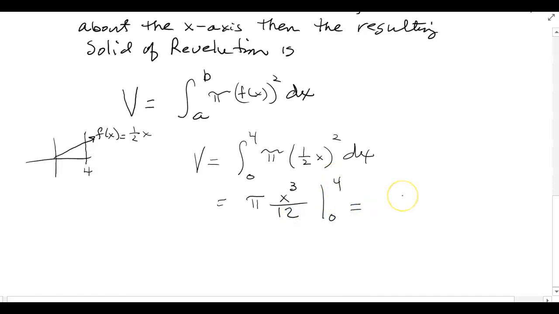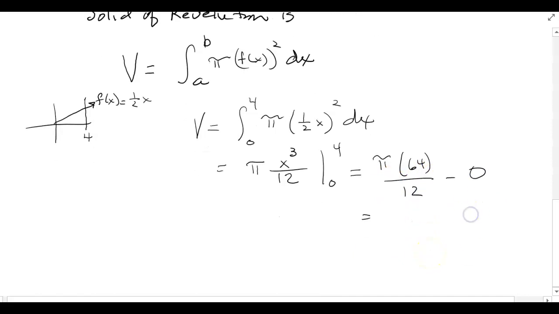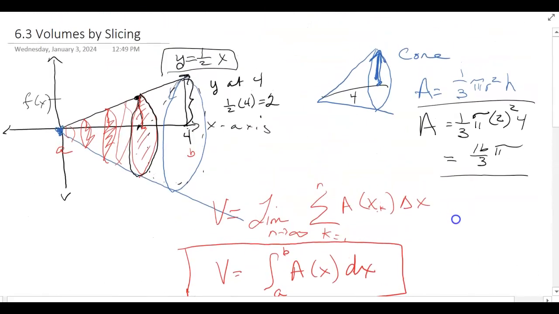So that's going to give us pi times, so 4 cubed is 64 over 12 minus 0. 64 over 12, if you divide by 4, you get 16 pi over 3. Okay, which is exactly what we got up here.